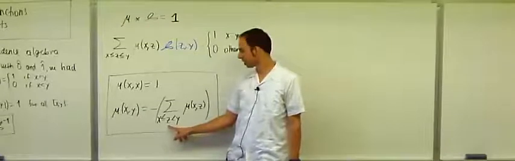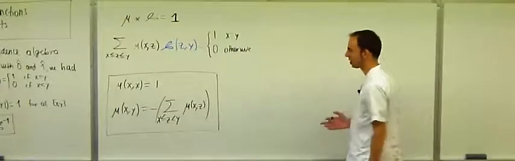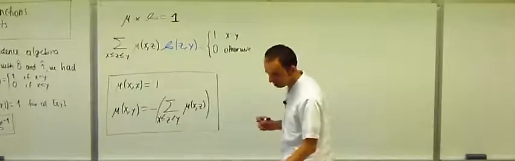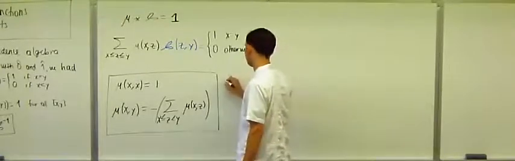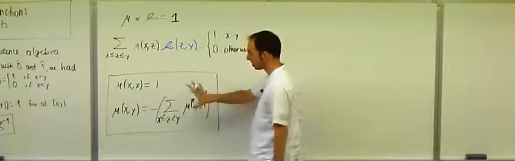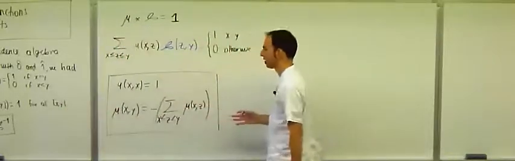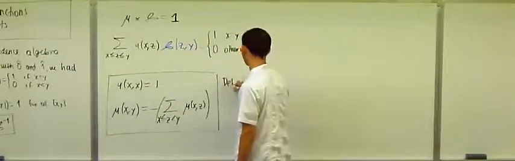So this is a recursive formula for the Mobius function, and this is the way you'll see it defined in books very often. By the way, this equation is exactly the same as this equation. It's just not using the language of incidence algebras, and so you can think of this as the definition of the Mobius function.